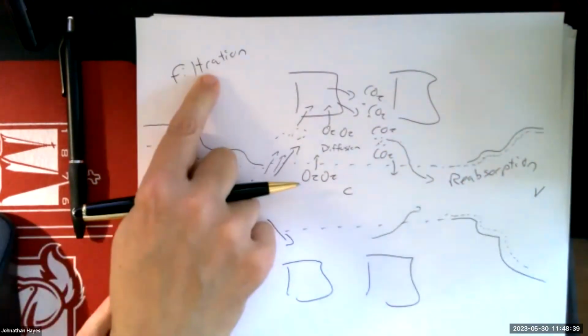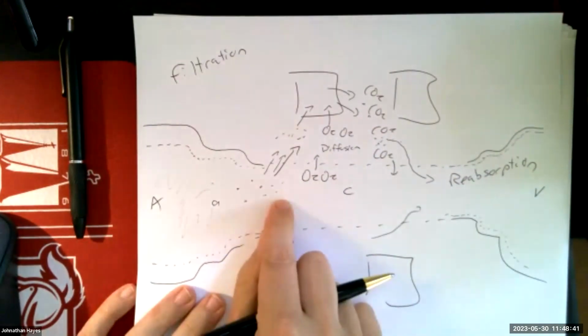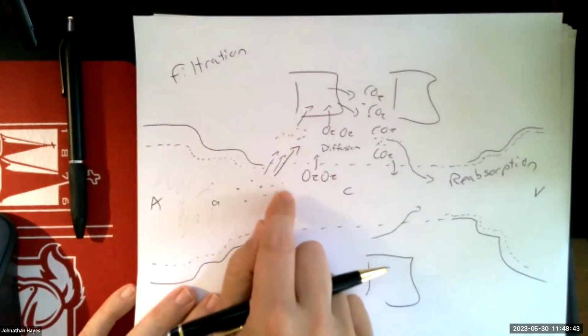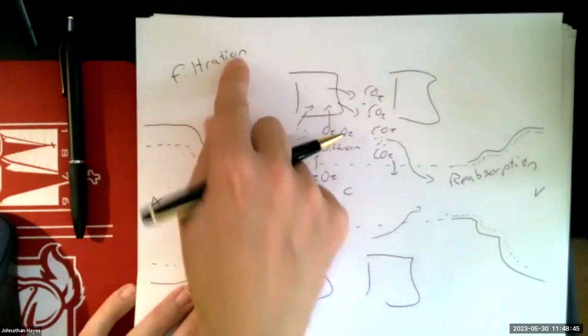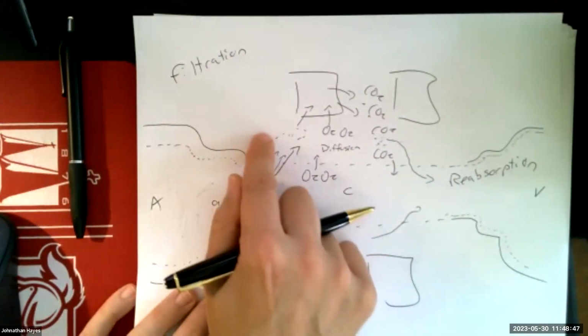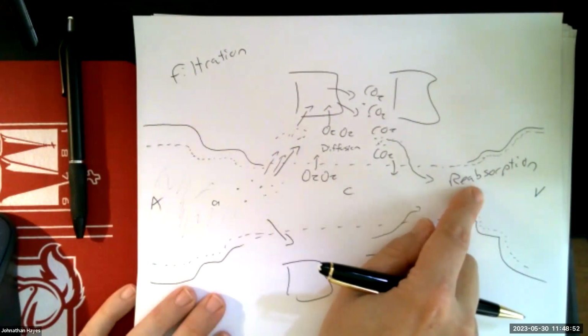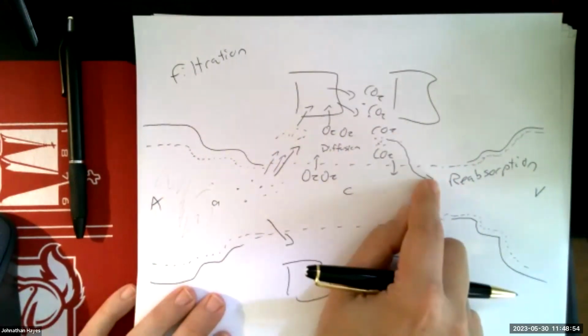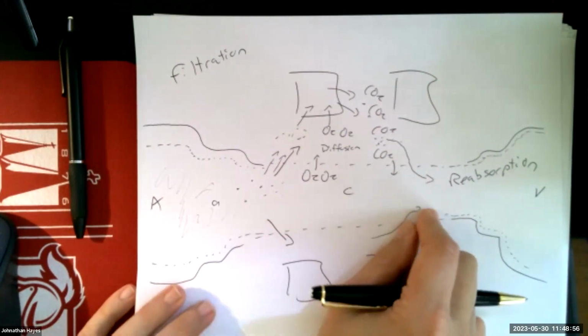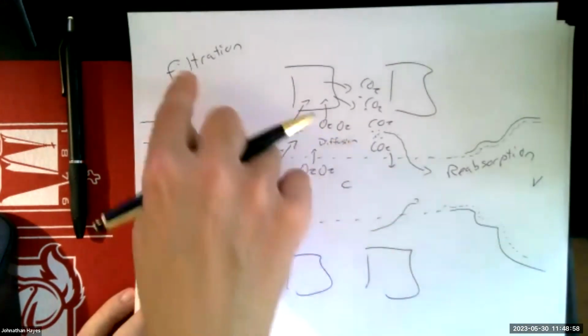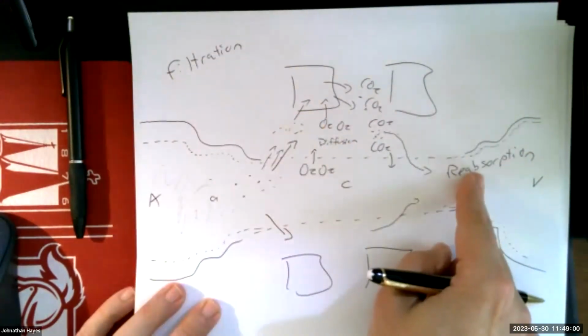So filtration is the pushing of substance and ions, like the dissolved solute, from the capillary to the interstitial space. Reabsorption is the pulling of substance and ions from the interstitial space back into the capillary. Okay? So again, just memorize the definition of filtration versus reabsorption.